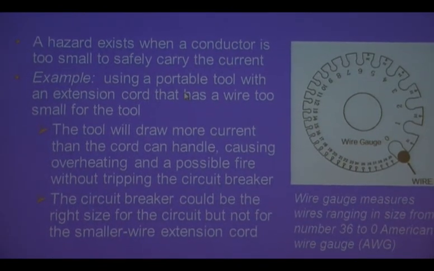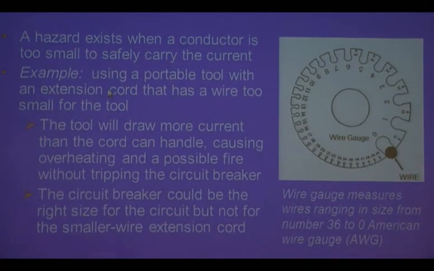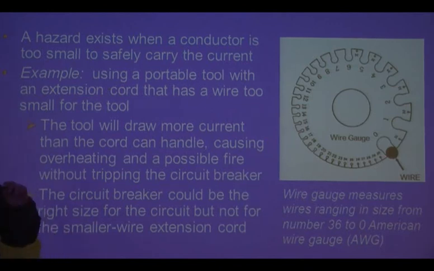Here's the example. If you use a portable tool with an extension cord that has a wire too small for the tool. Most people think of extension cords as something you just go buy, but some of them are pretty thin. Some of them are big honking things. That has to do with the size of wire in there.